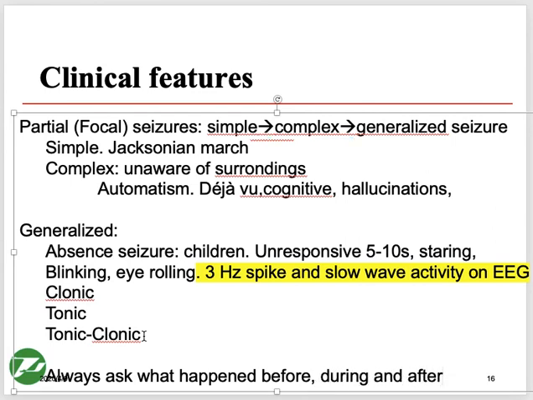Because there are many conditions which look like epilepsy or seizure, but are not basically seizure. For example, syncope. For example, someone who has hypoglycemia becomes confused, falls down on the floor, and there are typical symptoms which we ask about and typical signs which we see.